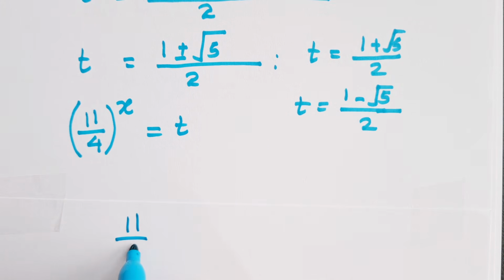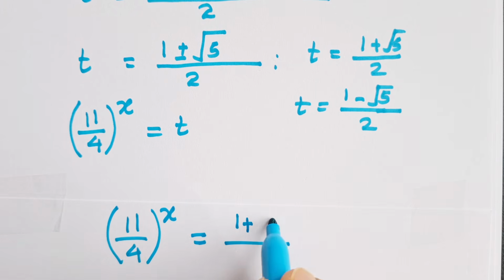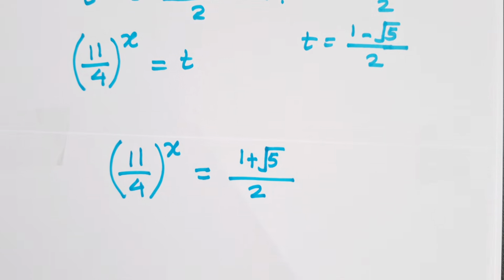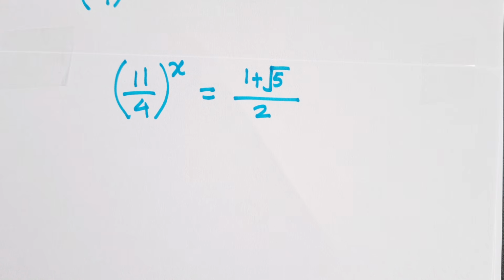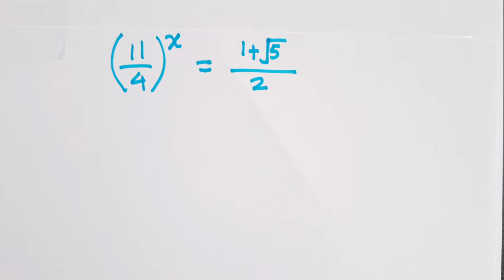Then 11 over 4 whole to the power of x is equal to 1 plus square root of 5, divided by 2. Now we can use the logarithm to find the values for x.